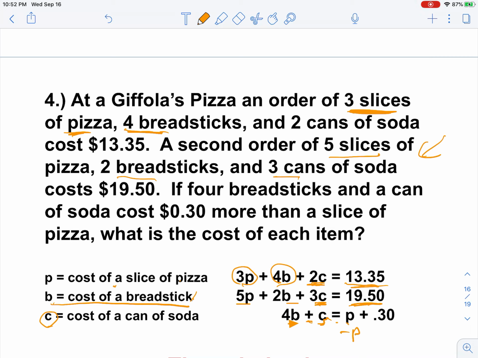What I'll suggest is that you bring this P over here. So really, you're going to have 3 equations that look like this. And then what I would suggest is eliminate maybe the B's. They look like they might be the easiest.